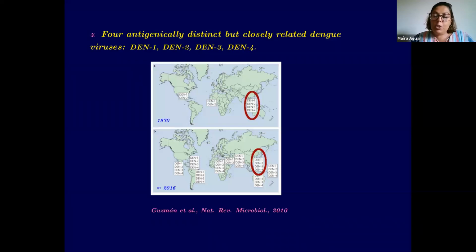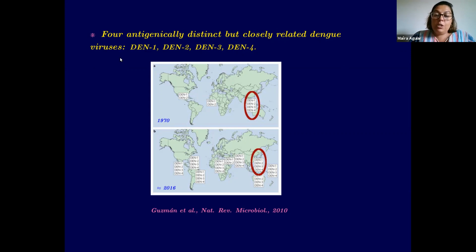So dengue is special, first of all, because there are 4 antigenically different viruses that can cause the disease. And it's special because these 4 antigenic viruses are closely related, which makes some confusion after a primary infection, eventually leading to a more severe illness when the host acquires a secondary infection.